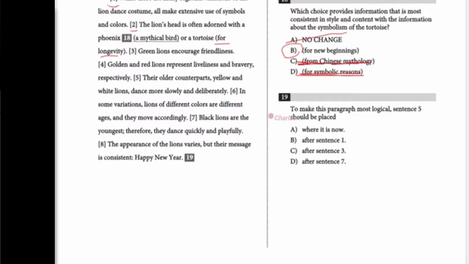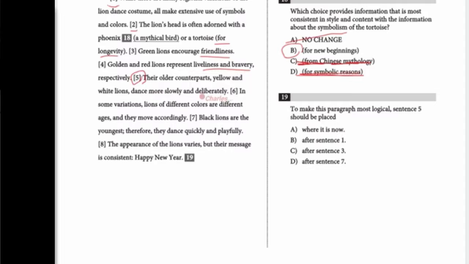To make this paragraph most logical, sentence 5 should be placed where it is now. So 5 is different. 3 and 4 are talking about continuing the idea of what the purpose of the costumes are, the colors, friendliness, liveliness, and bravery. And then this one says their older counterparts, yellow and white lions, dance more slowly and deliberately.